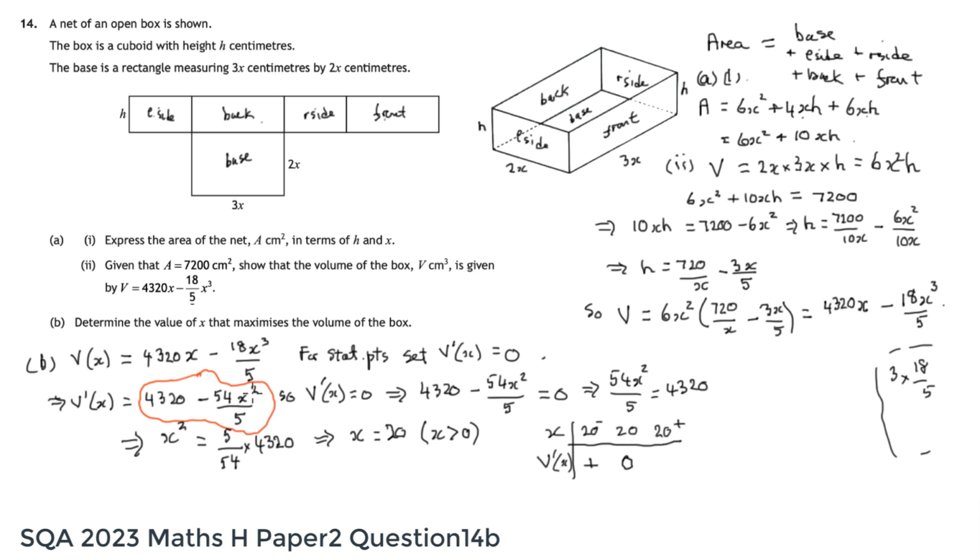If we do the same argument when x is 21, this number that we're subtracting from 4,320 will be greater than 4,320, so we'll end up with a negative value in there. So we can now determine the shape of that graph around about the value x equals 20. It's increasing, stationary there, and decreasing.